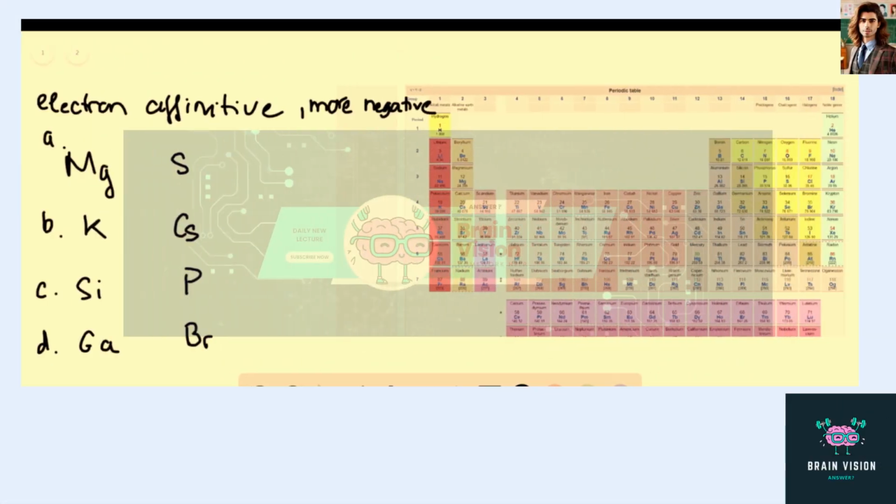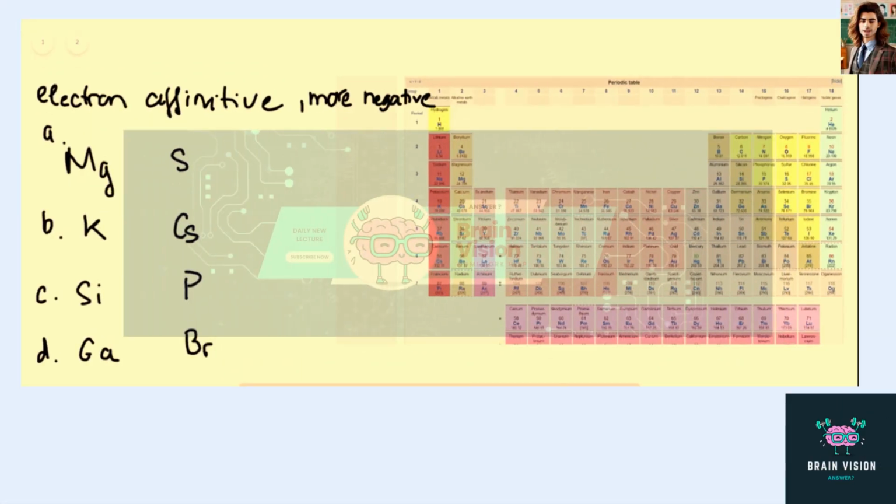This question asks us, between these elements, which one has a more negative electron affinity? Between magnesium and sulfur. So for electron affinity, if you move from the left to the right of the periodic table, the electron affinity will increase.